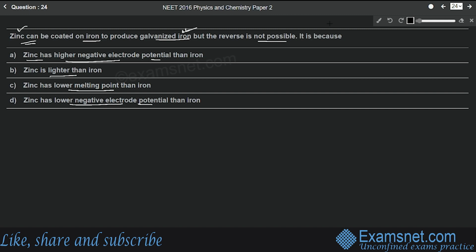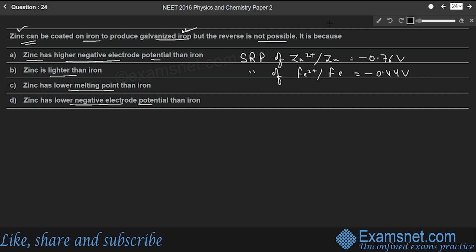Okay, so we know that the reactivity depends on the standard reduction potential. So let's write down the standard reduction potential of zinc first. Zn2+ + 2e- to Zn, it is -0.76 volt, whereas the standard reduction potential of Fe2+ to Fe is -0.44 volt. Now we know that the more negative the standard reduction potential, the more is the reactivity of the metal.